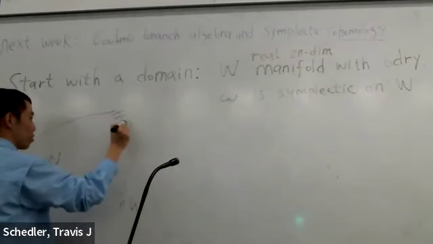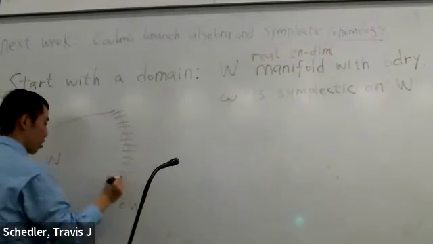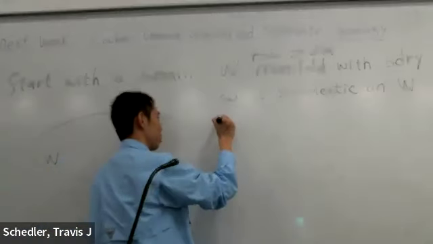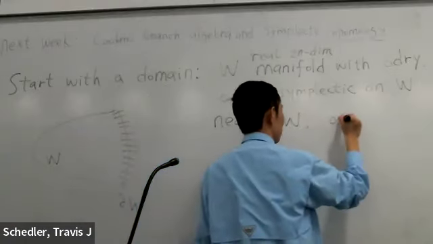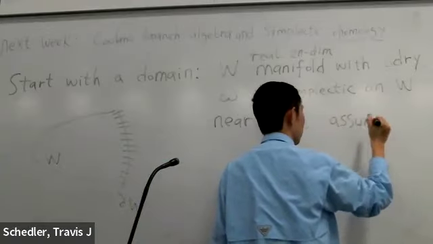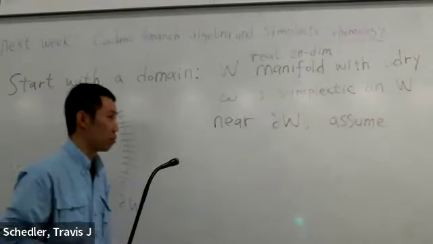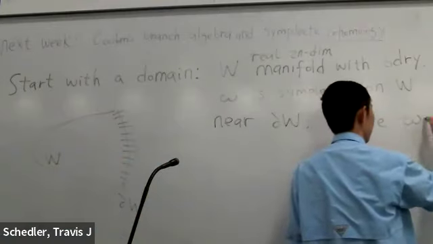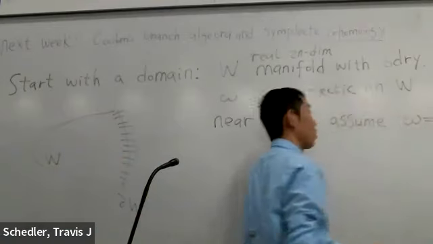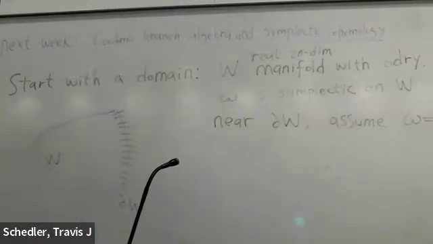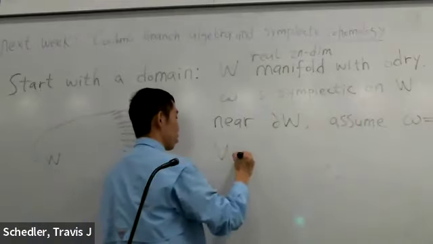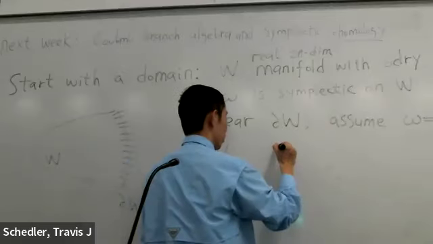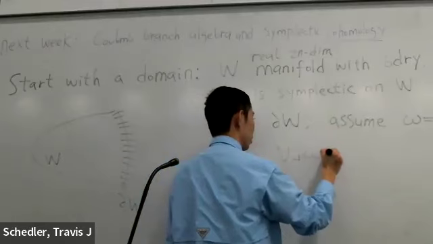So near the boundary of W, I assume omega is an exact form. So omega equals d of lambda, where lambda is some one-form. And this one-form determines a vector field, V. So V is a vector field determined by the condition that if you plug V into omega, you get lambda.